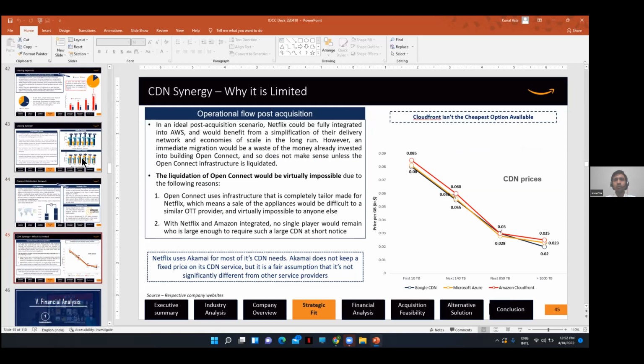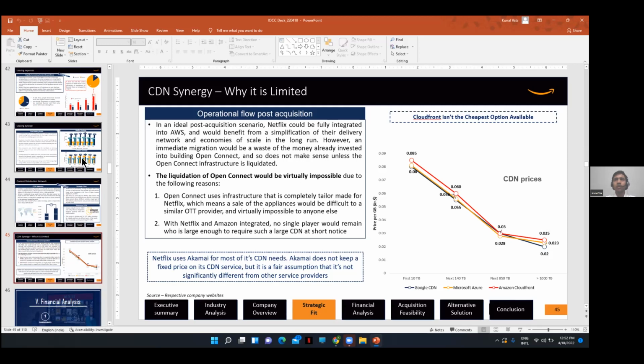Once Amazon and Netflix are integrated, there would definitely not be any other player who would need Open Connect at that scale. So the technology Netflix has already developed would be deemed redundant, and it would not be financially viable for them to merge on this aspect, because they both have their own developed infrastructures already in place. If Netflix, for example, did not have a robust offering and depended on a third party, then we could probably have had synergies because there was nothing to lose for Netflix.